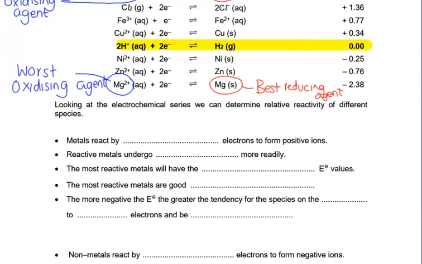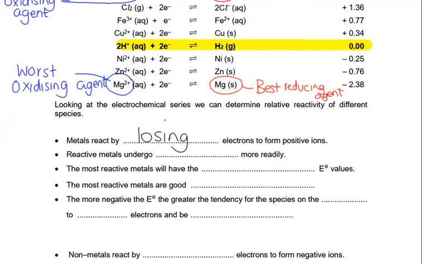So let's just have a little bit of a recap of some things we might know. How do metals generally react? If I said to you, tell me about a reaction of sodium or magnesium, what happens to the metal in that reaction? We know that metals react by losing electrons to form positive ions. So they lose their outer shell electrons to form positive ions.